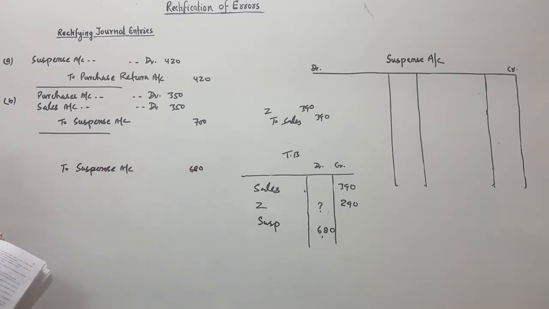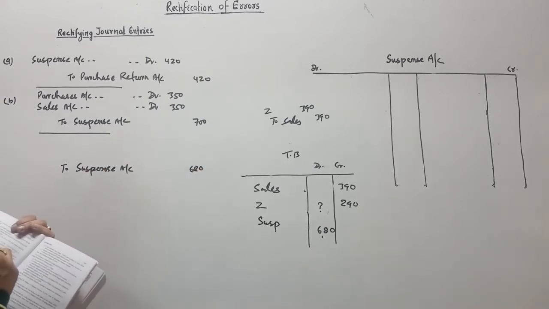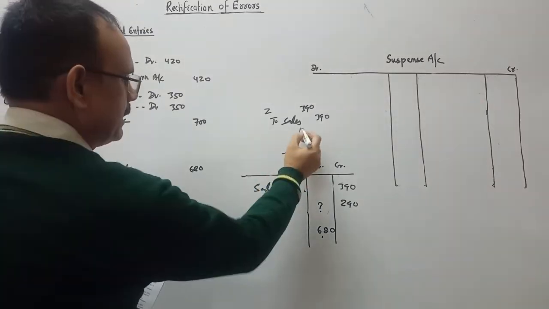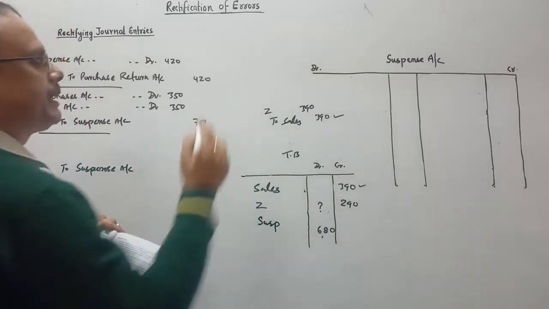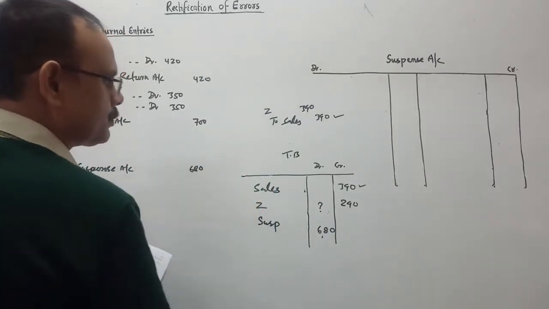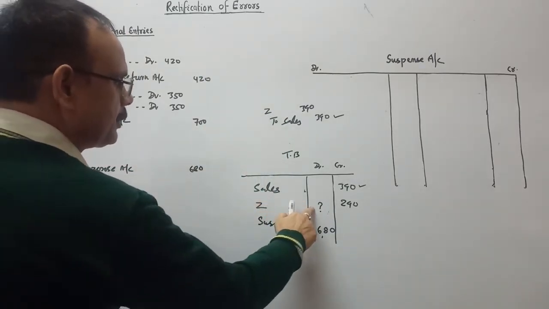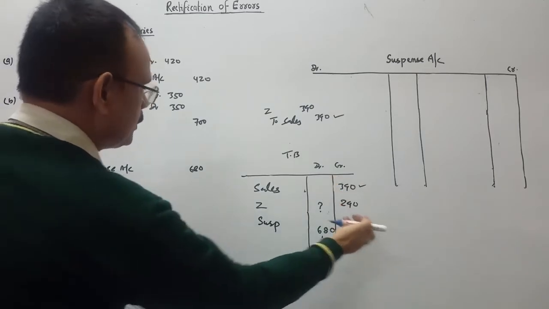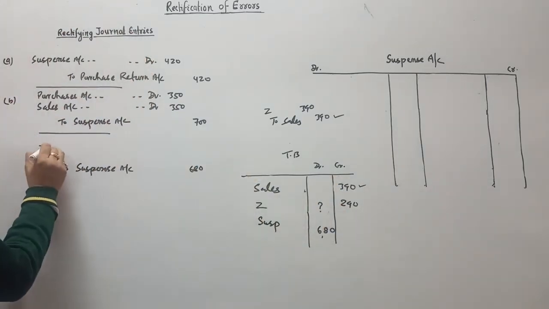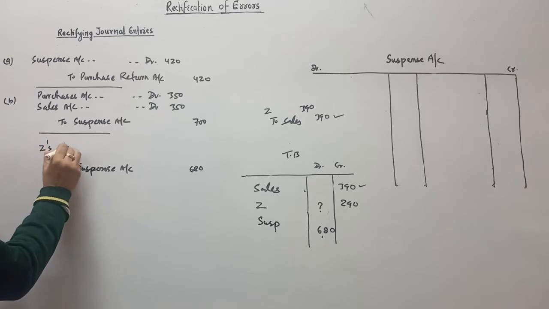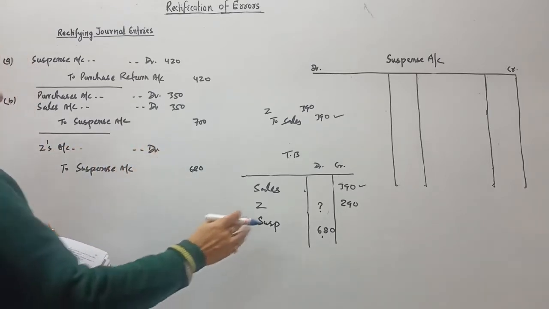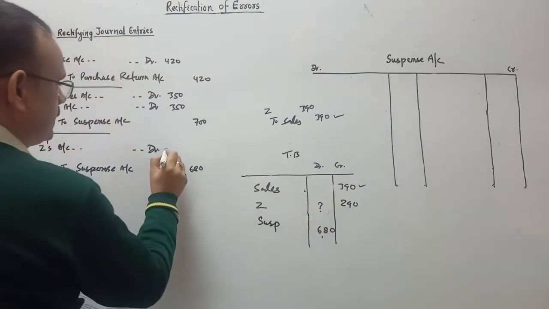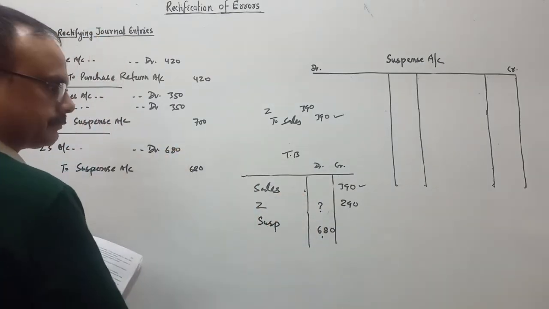First of all, there is no mistake in the sales account. Sales account is credited by 390 and it is credited by 390. There is no mistake. Now coming to Z, instead of debit side, you have written it in the credit side. So you debit the Z's account by adding these two figures, 680.